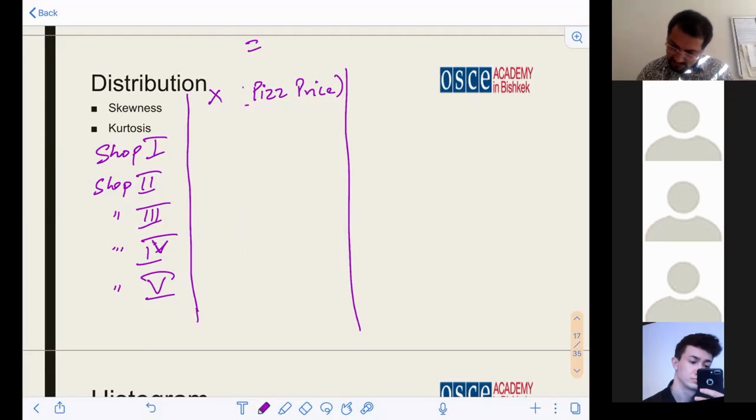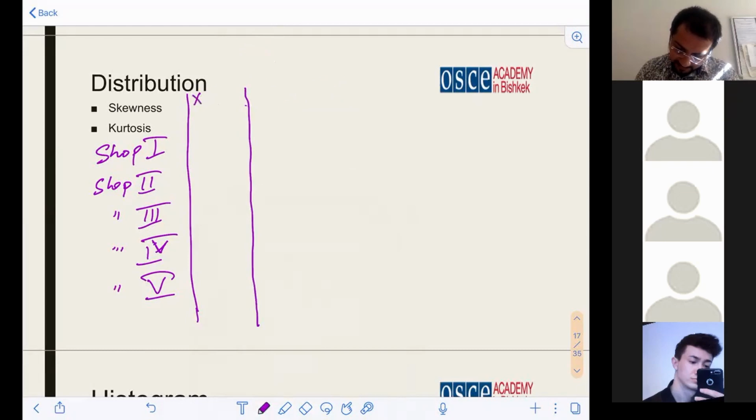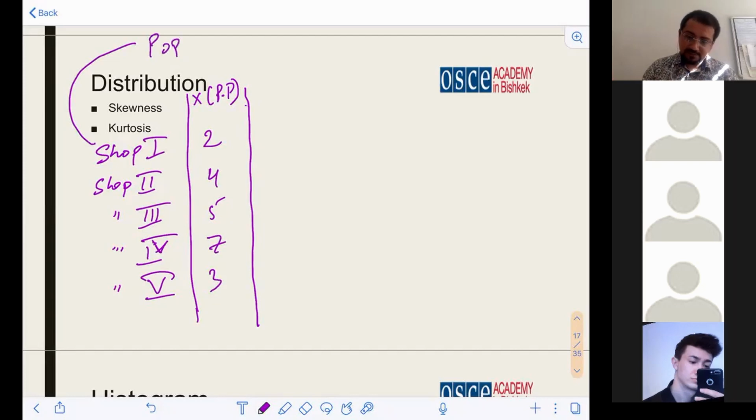Let me make it a little bit smaller so that I will have some space, otherwise we will have space problems. So the first shop is $2, assume that. The next is, let's say, 4, 5, and 7, and this is my population.